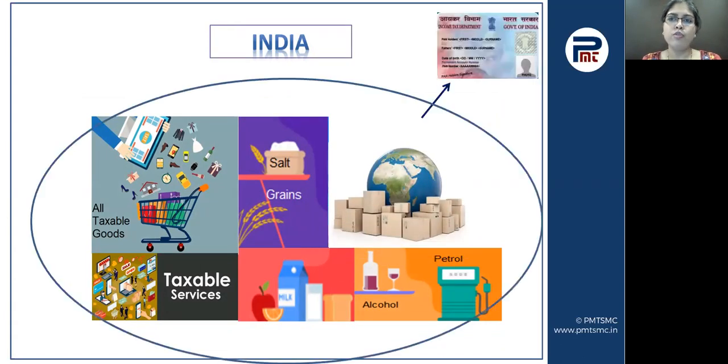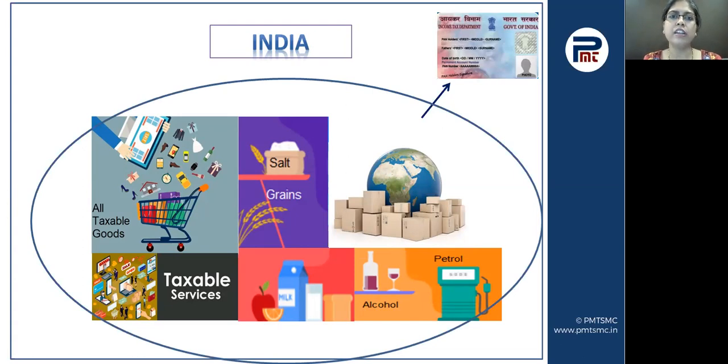All together we have to calculate on all India PAN basis. So if any assessee is having multiple registrations over 2 or 3 or 4 or 10 states, then we have to sum up the aggregate turnover for all the states to arrive at the aggregate turnover of an assessee. So this is what is included in the aggregate turnover definition.